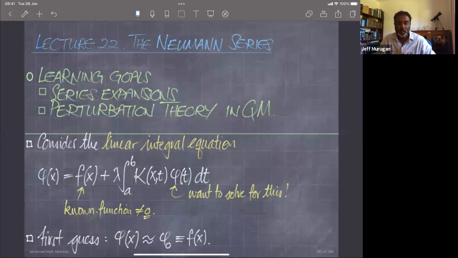It's not compulsory. I don't have to choose phi naught of x to be f of x. But what it amounts to saying is that the second term is going to be small relative to the first term. So that's basically what we're saying here. This second term is small relative to the first term for my initial guess. That's what this choice amounts to.